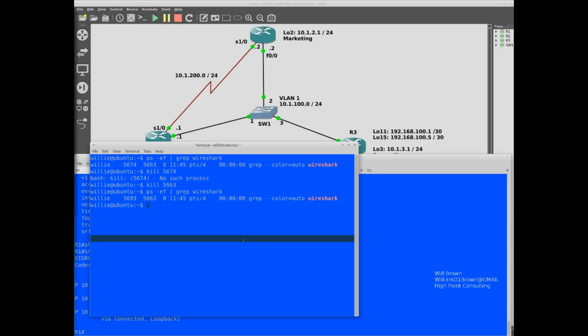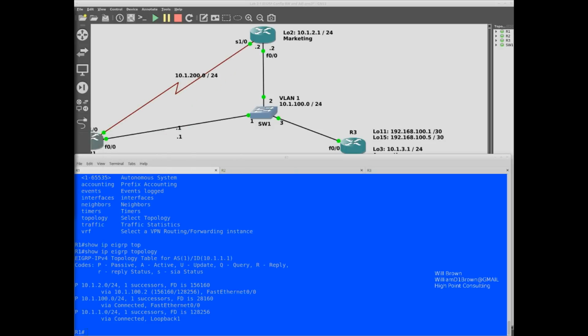For some reason I have a Wireshark process. I'll kill it over here. Bear with me for a second. Actually, I'll just bypass that for now.